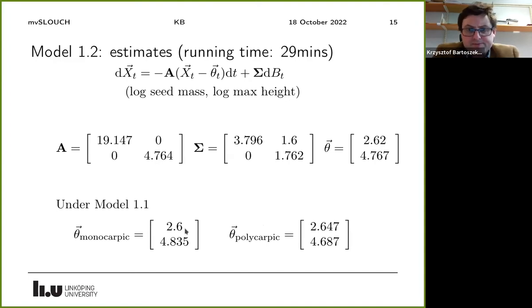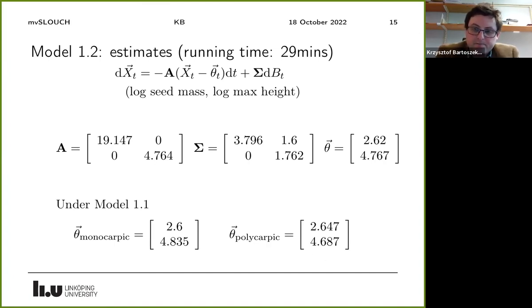And this is something that is often observed: a biologist will come with a hypothesis that these optimal values, or the stationary mean values, should be different for different levels of some discrete variable. However, the software points very clearly that some of these levels can be lumped, by indicating that the estimates look very similar to each other.